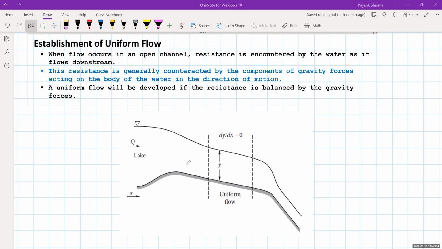As the flow occurs, gradually there will be an increase in the velocity and resistance until a point where these two are balanced by each other. Once the resistance and driving forces are balanced, the uniform flow conditions are established. Till where these two forces are in balance, the uniform flow conditions will prevail. However, they are likely to change if there is some change in the topography, cross section, or any other properties.